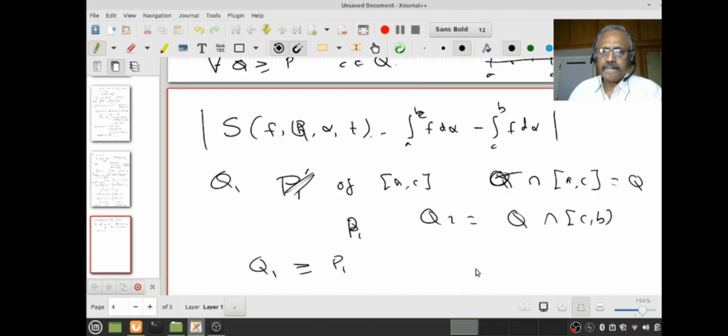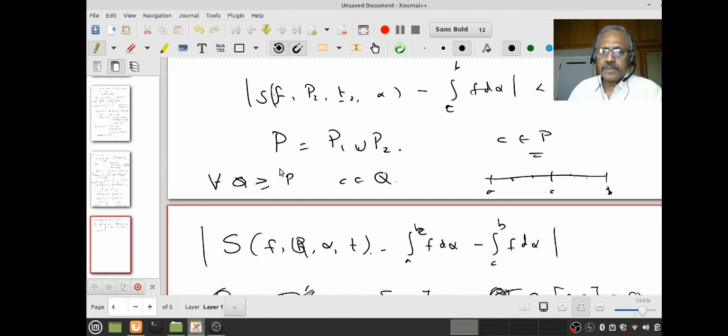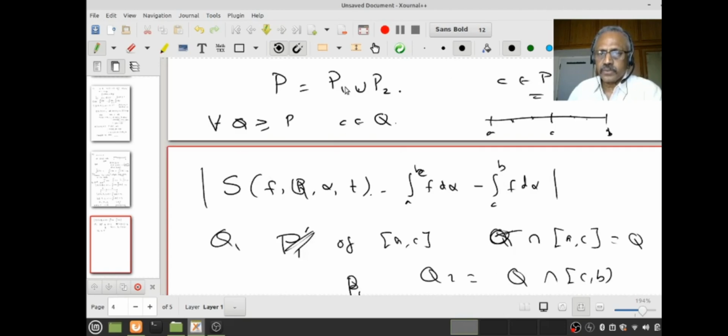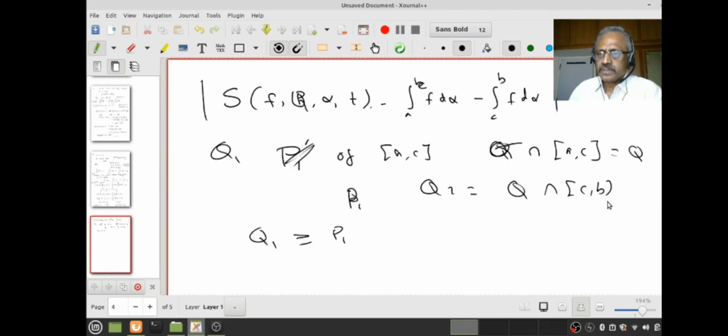Why? Because all the points of P1 are already in P, therefore all the nodes of P1 are already in P, but Q contains P, therefore all nodes of P1 are already in Q. Therefore Q intersection AC will contain P1.